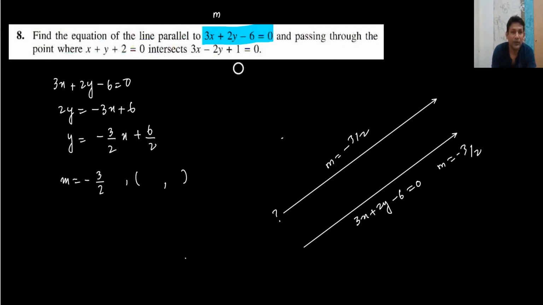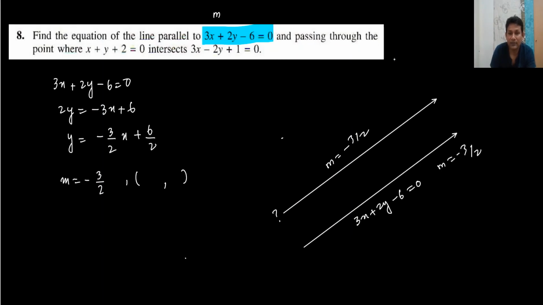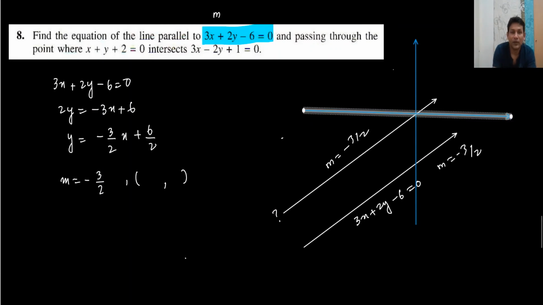And it passes through the point where this line intersects this one. It means this line is also intersecting two more lines, like this. I can use a color here, and the second line like this, we can use a different color.